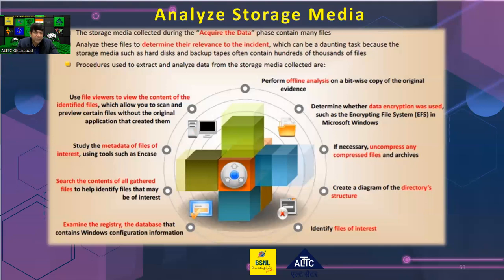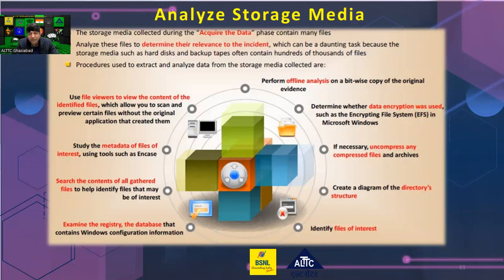Study the metadata of the files of interest using tools such as EnCase. Determine whether data encryption was used, such as EFS, the Encrypting File System in Microsoft Windows. Search the content of all files to help identify files that may be of interest.